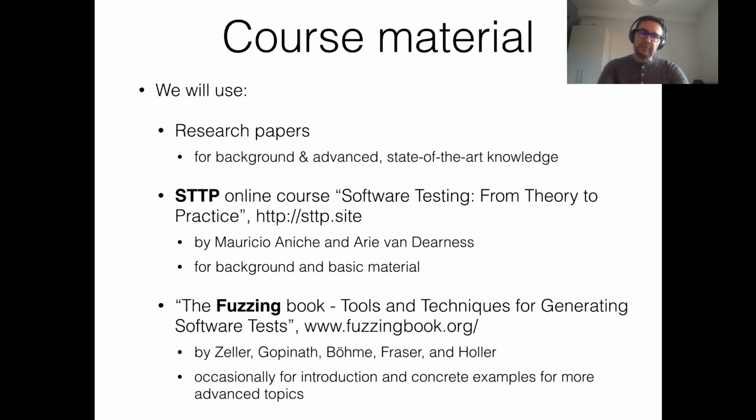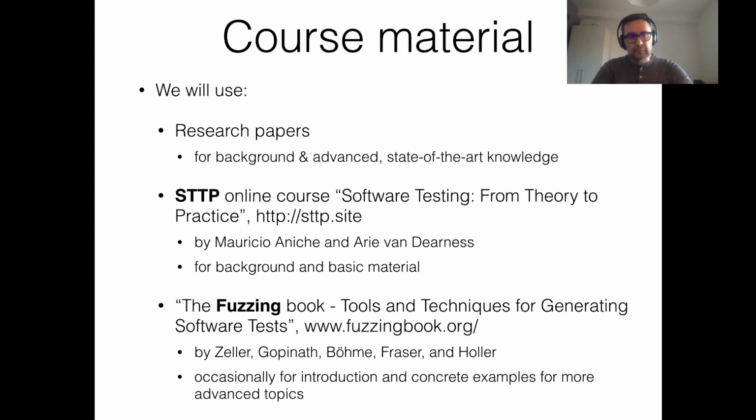The course material, we will be using more online material because I think this is easier for you to access given that the course is also remote now, so having a sort of paper PDF-based book doesn't really fit this format as well. So there will be basically 3 sources for the material.